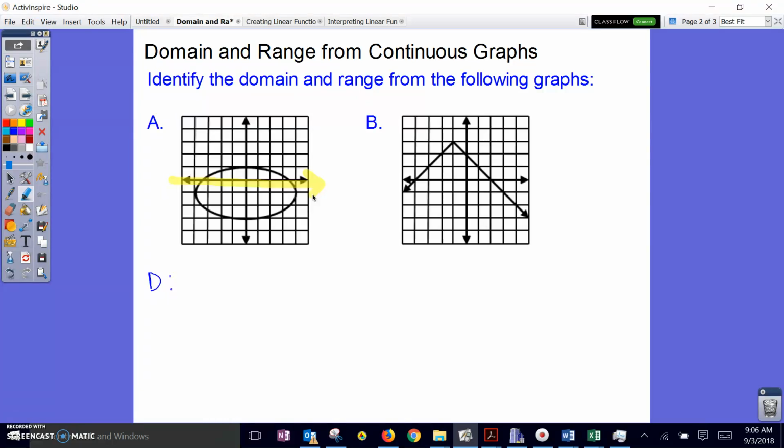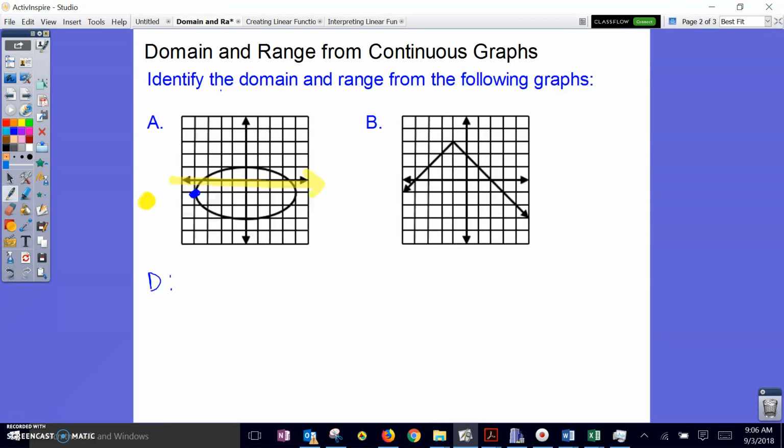Over to the left side of the screen, there are no points on this curve. As I read this graph from left to right, I'm looking for the first place where a point occurs on this graph. And that happens right here. I want to identify where that is because that's going to be the first endpoint of our interval for domain.